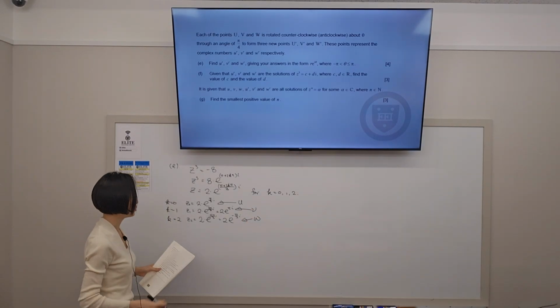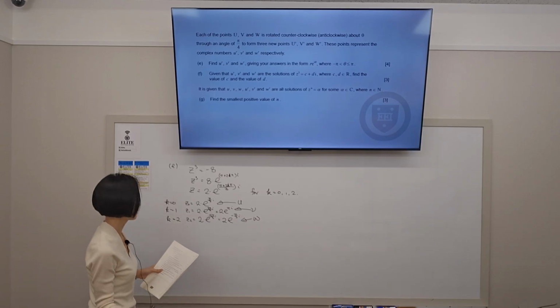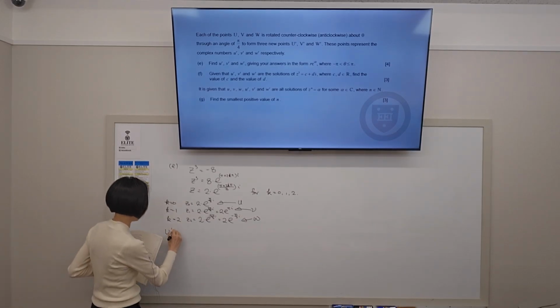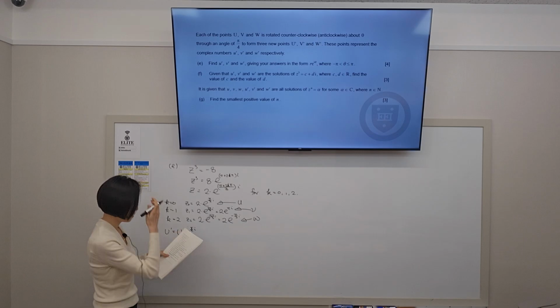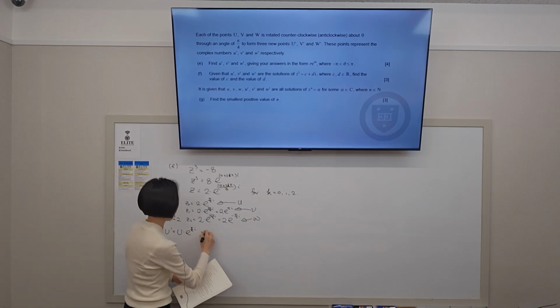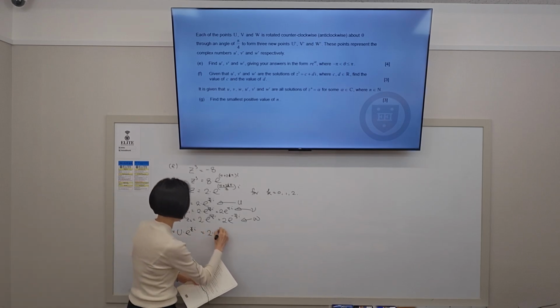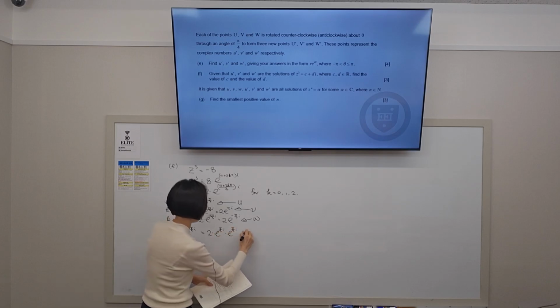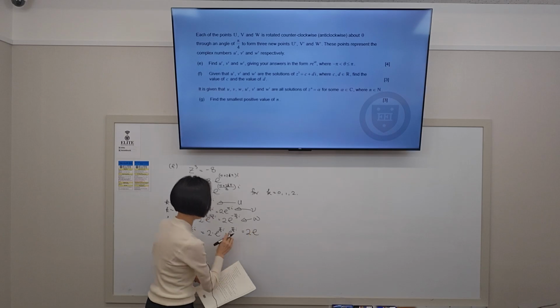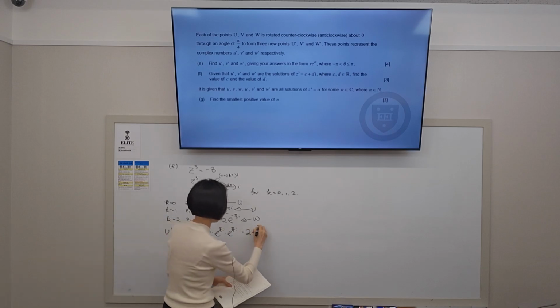And to find U dash, it is U times e to the pi over 4i, which is 2 times e to the pi over 3i times e to the pi over 4i, which is, if you add together, 7 pi over 12i.